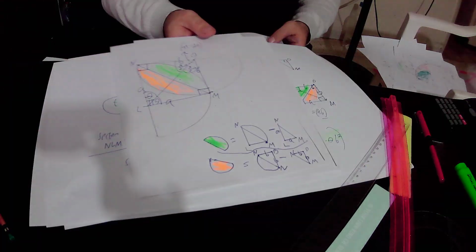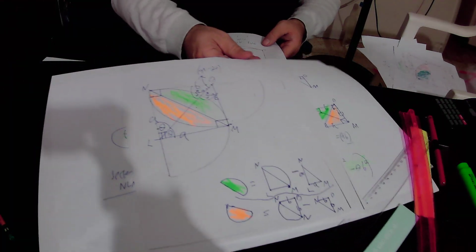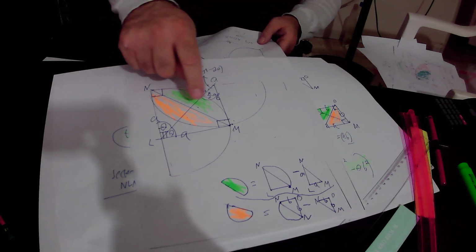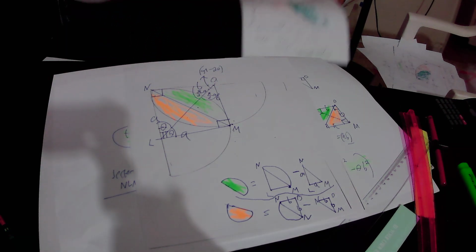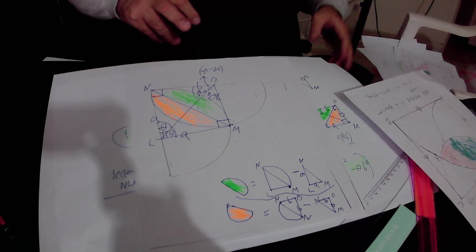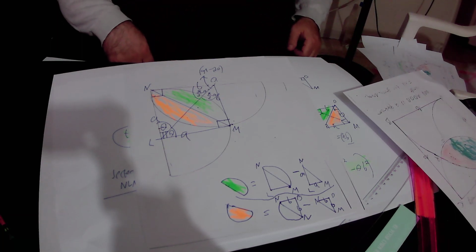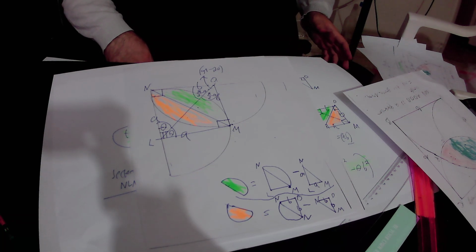According to the second method, we actually calculated the area of a lens that is created by two semicircles, and we created a general formula for the area of a lens.